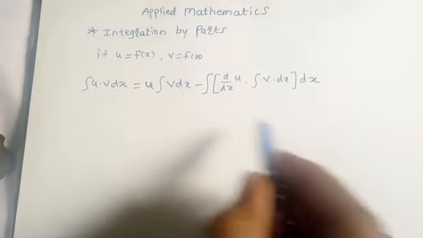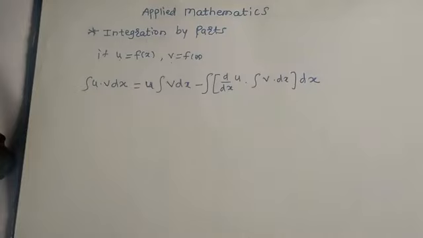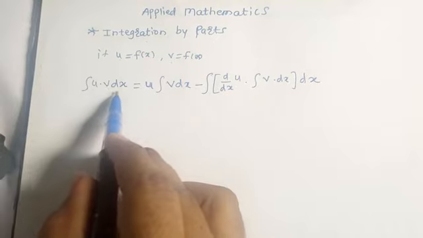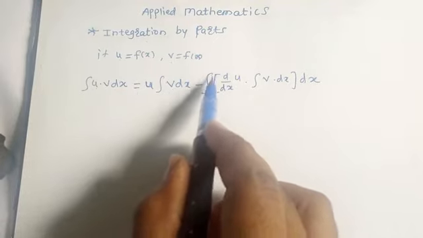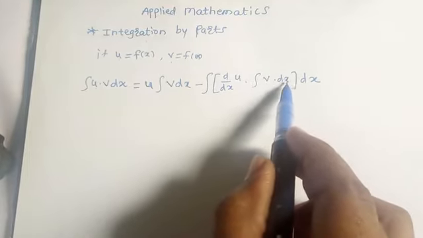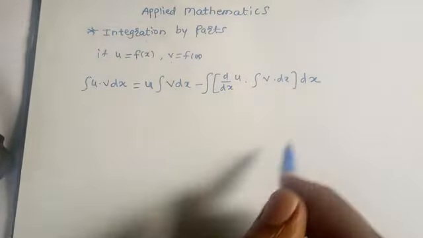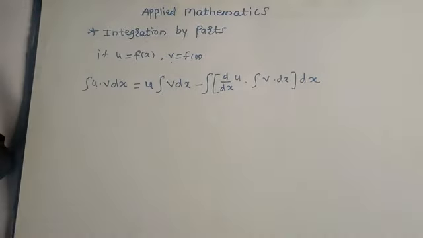So this rule is known as the by-parts rule or product rule for integration. Integration of u into v dx is equal to u integration of v dx minus integration of derivative of u into integration of v dx. This is the product rule of differentiation, or the by-parts rule of integration.